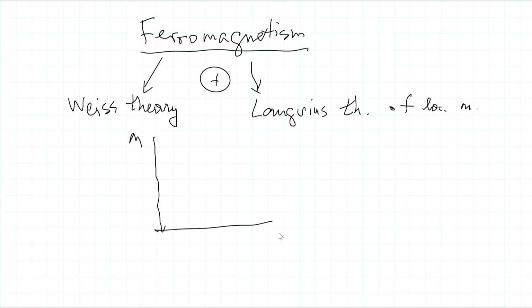If we plot magnetization of a material as a function of temperature, then at zero temperature it is in an ordered state, but as you increase temperature, it goes down to 0, and this is the Curie temperature. Above that we have a paramagnetic state, below that we have a ferromagnetic state.